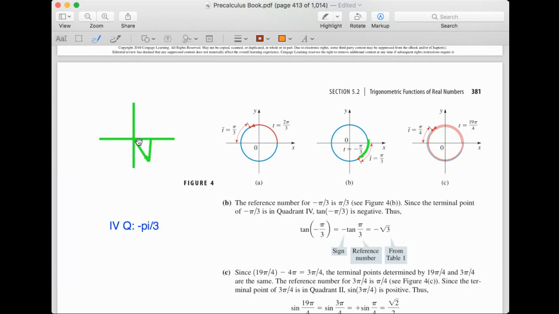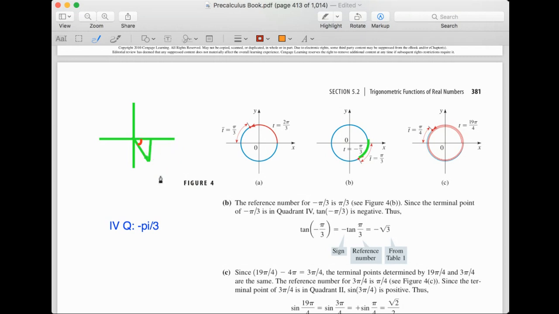Its reference angle is this angle around the origin. This is the reference angle, because in the first quadrant, it's basically just the absolute value of negative pi over 3.